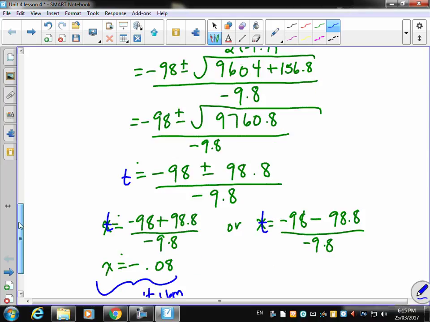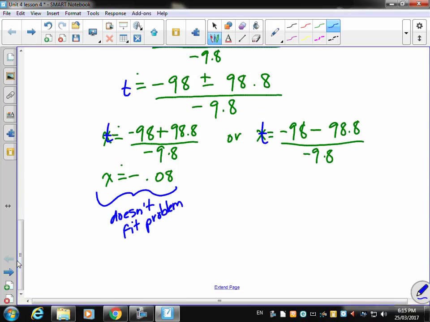Okay. The second one, we think it's supposed to be close to 20, but let's check. If I have negative 98 and I subtract 98.8, I get negative 196.8 divided by negative 9.8, 20.08 or 20.1. 20.1 seconds is when it hits the water.